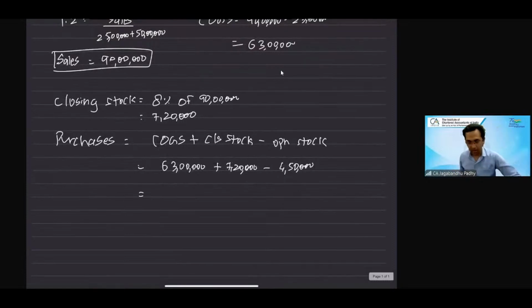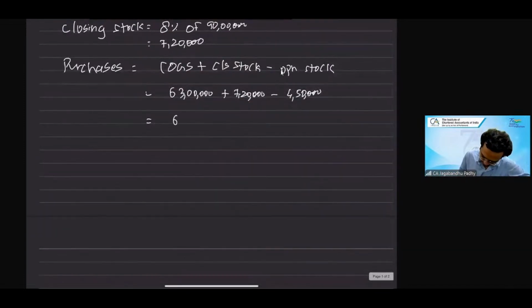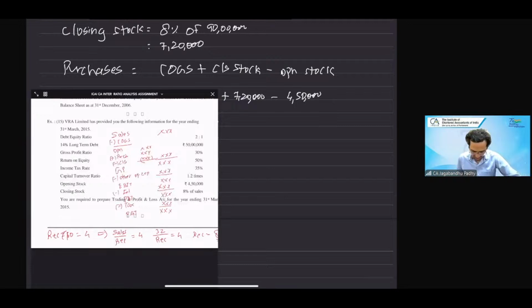So 63 lakh plus 7 lakh 20 minus 4 lakh 50. How much is this? 65 lakh 70,000. So purchases is 65 lakh 70,000. As far as this statement is concerned, we know the sales, the opening, the purchases, and the closing. Gross profit is done.